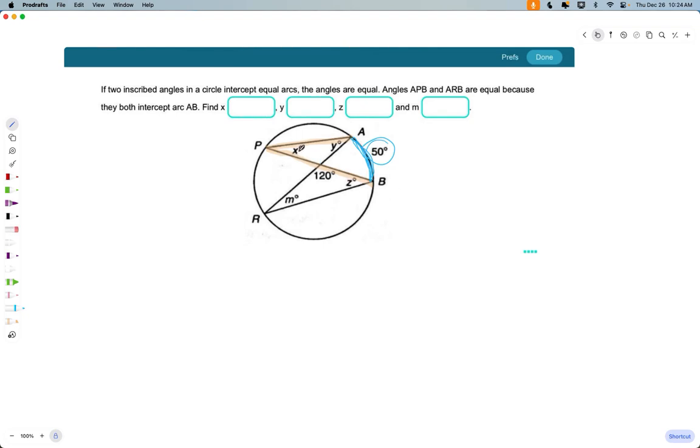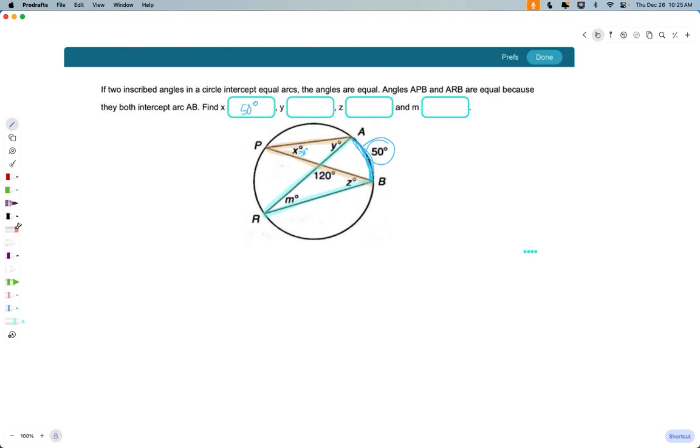So X is 50 degrees. Right? And the same is true for angle ARB, right? ARB is the same arc here.